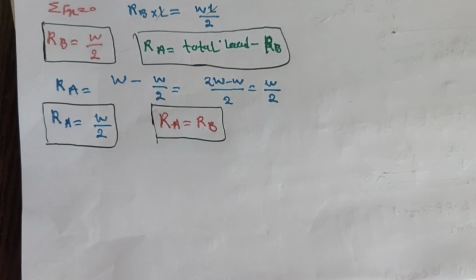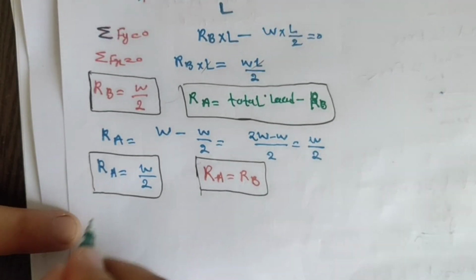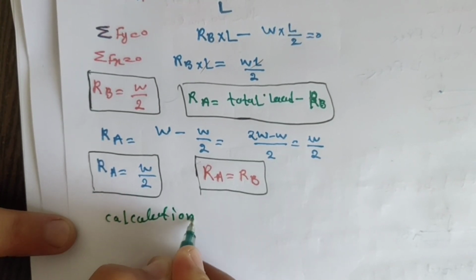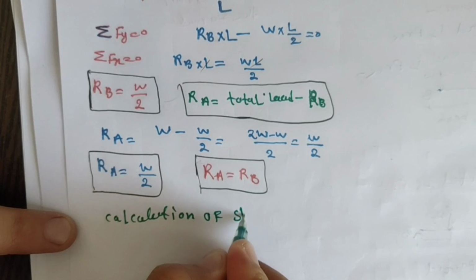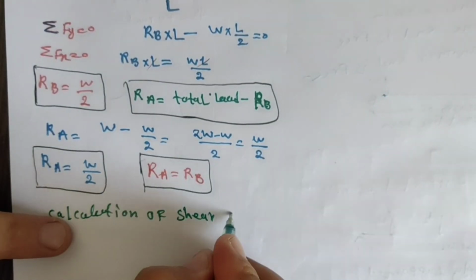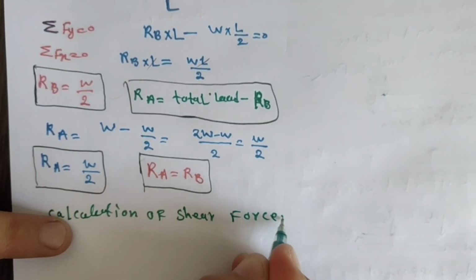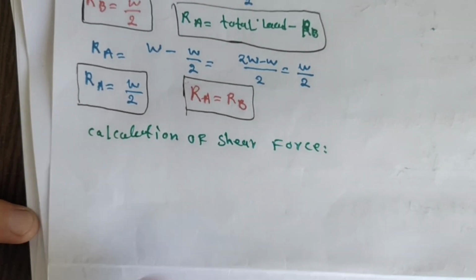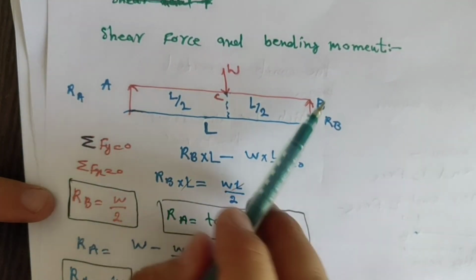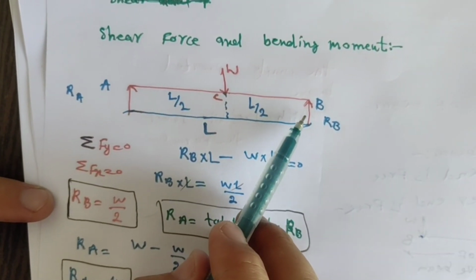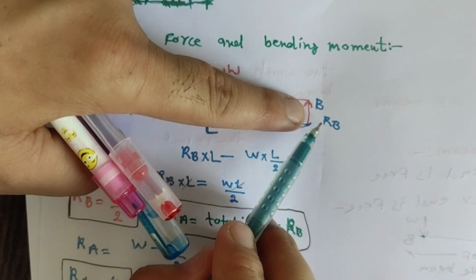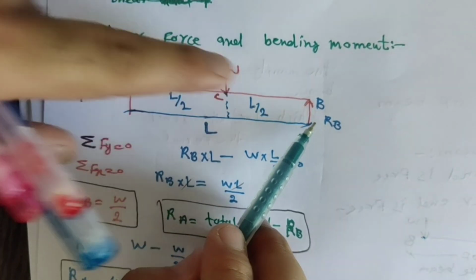Now the calculation of shear force. We should find the shear force calculation. Here, this is the upward force. To find the shear force, we should take the right side or the left side.